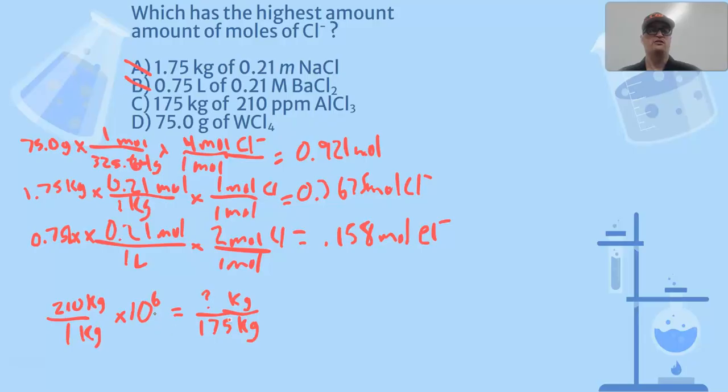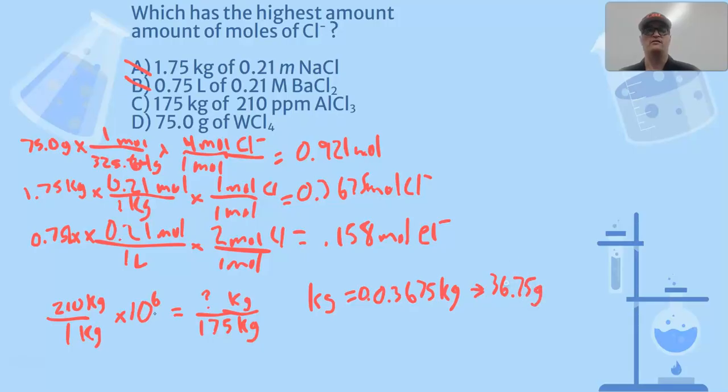So if I solve just for the amount of kilograms, what I'm going to end up getting, and this is kilograms of the solute, is 0.03675 kilograms, which translates into 36.75 grams.